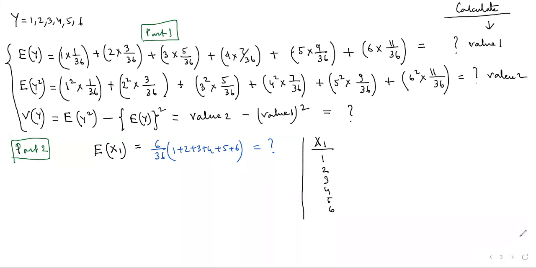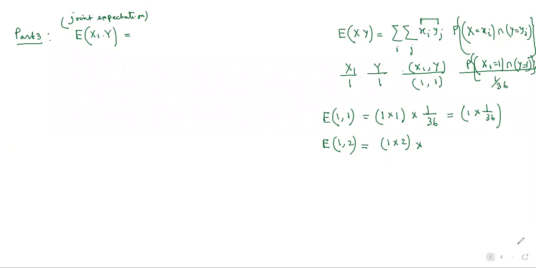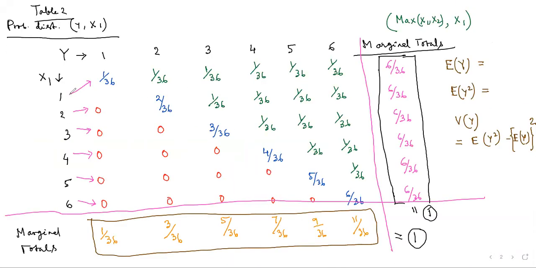And that joint probability is how much? x1 is 1 and y equal to 2. That probability is how much? That joint probability is also, is it 1 by 36?